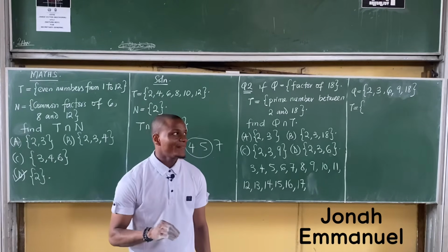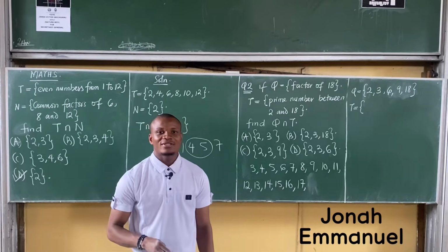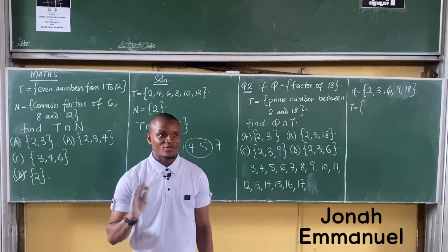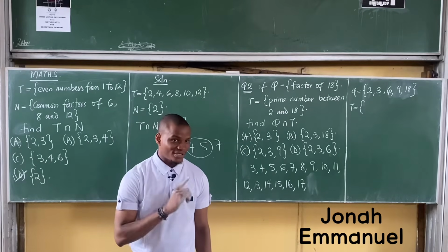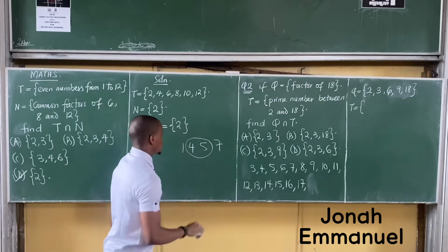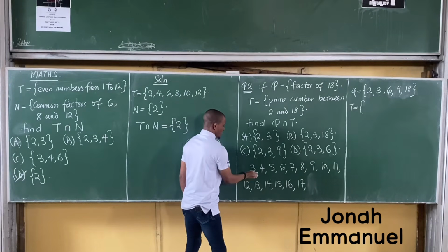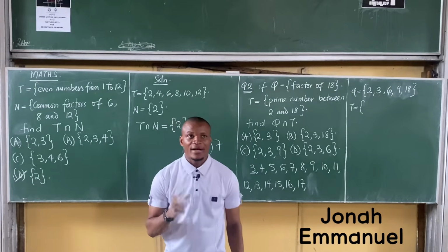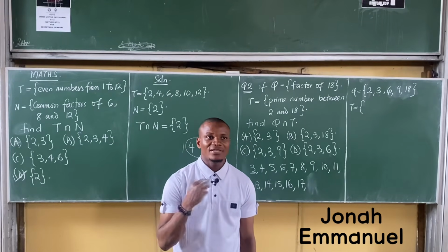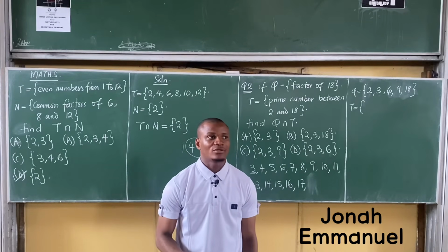A prime number is simply a number that can be divided by just what? Itself and 1. That's all. Just itself and 1. So, is 3 a prime number? Yes, of course. A proper definition is this: a number that can be divided by just itself and 1 without a remainder.